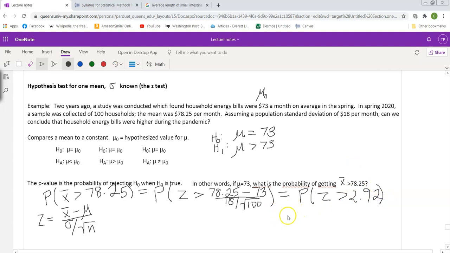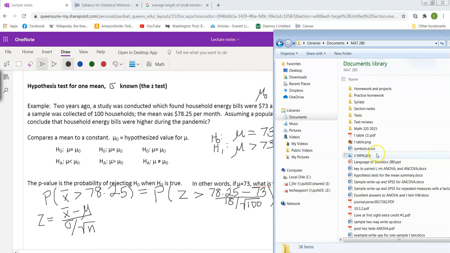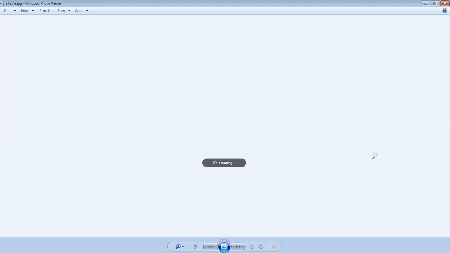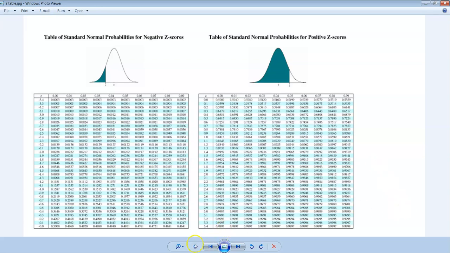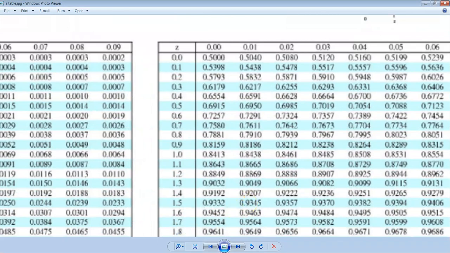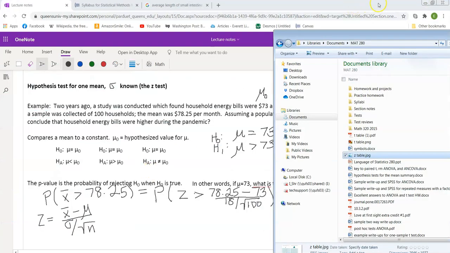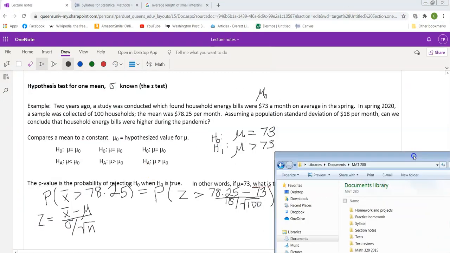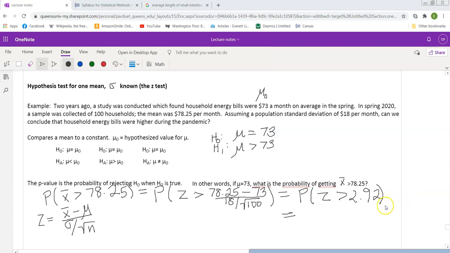And we need to be able to find that value. So to find that, we need our z table. We're looking for the probability that z is greater than 2.92.